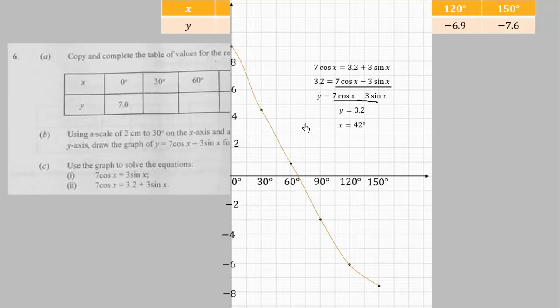So we draw the line y equals 3.2, and this point here, we have to trace it down. When you trace it down, we said each box is about 3 units, so 1, 2, 3, 4, that is 12 plus 30.